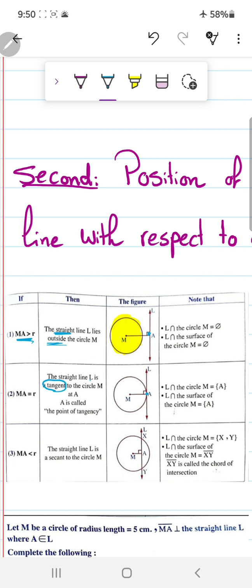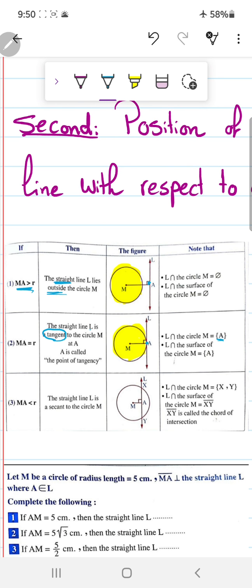Again, if MA equals R, the straight line L is called a tangent to the circle M, and A is called the point of tangency. Here we have L intersection the circle M is the point A, and also L intersection the surface area of circle M is also the point A.